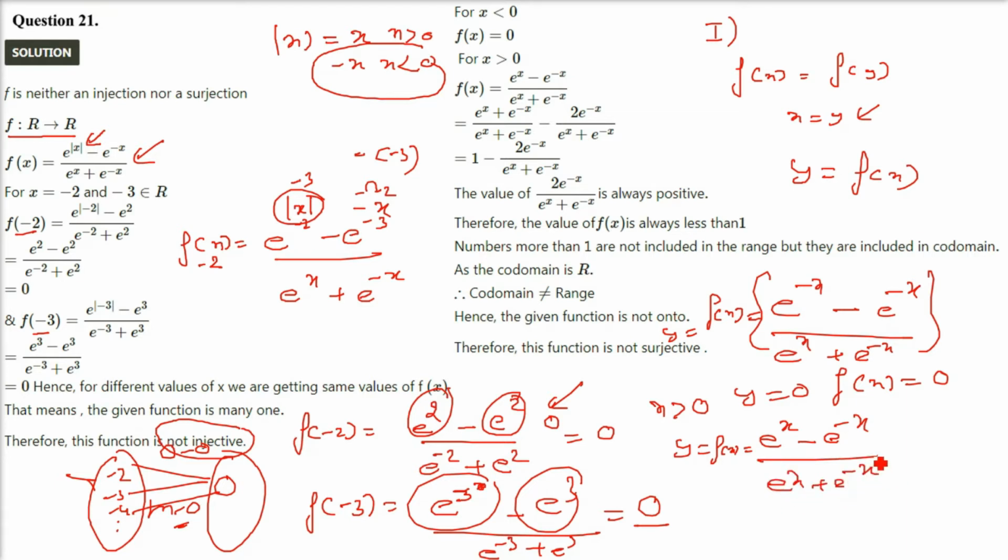Now let me write the numerator in a way so that we get a proper value, so that we can prove that our codomain and range are not equal, because the question is giving the codomain as real numbers. We want to prove that the range and codomain are not equal. How do we do this? We need to manage it. Real numbers means negative infinity to positive infinity.